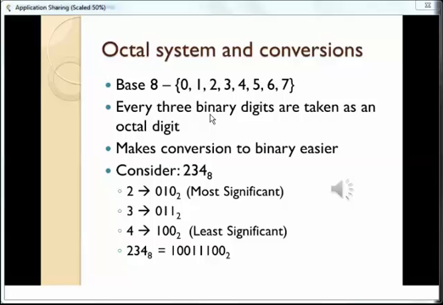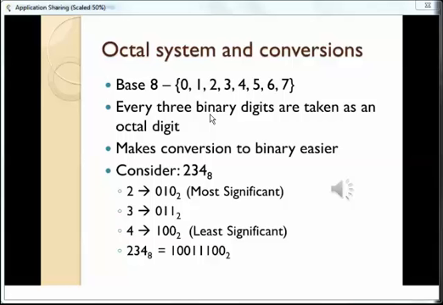And then we move to 3, and that converts to 0, 1, 1 binary. And finally we reach the least significant digit, and that's 4, and that converts to 1, 0, 0 binary. And this is again the least significant group of 3 digits.